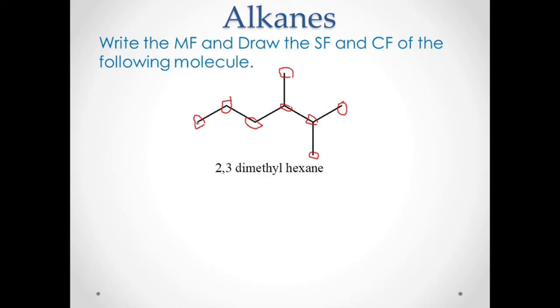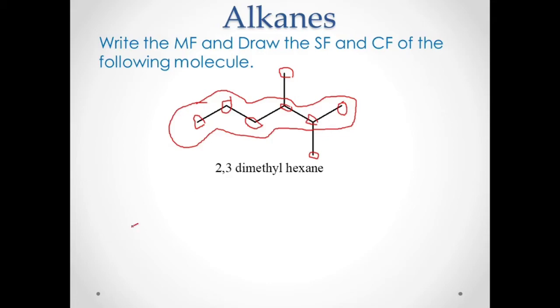Let's first count the carbons: 1, 2, 3, 4, 5, 6, 7, and 8 carbons. In this case, this is a straight chain alkane. How many carbons in the straight chain? 1, 2, 3, 4, 5, 6.